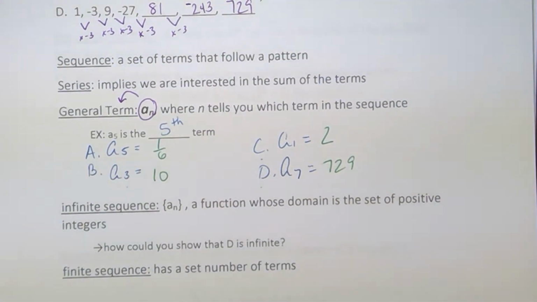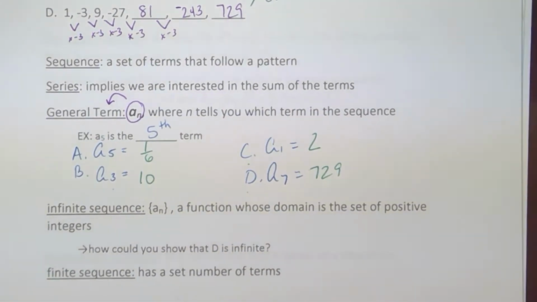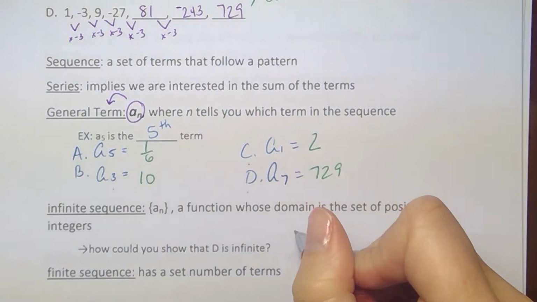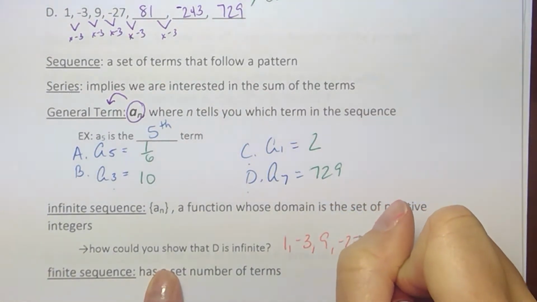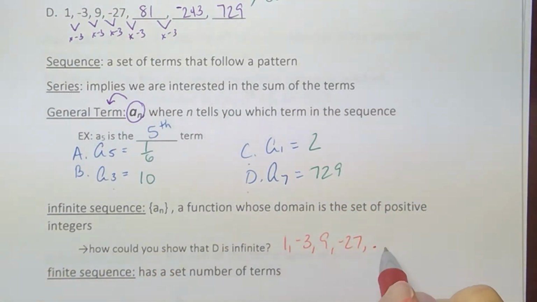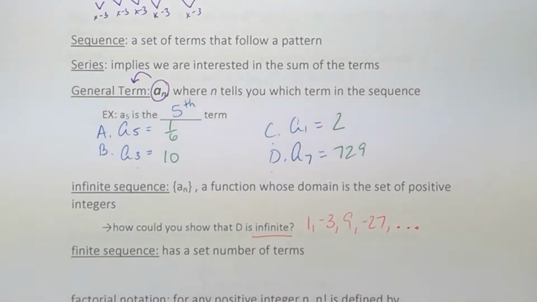Well, if I want to show that a sequence is infinite, I put an ellipsis at the end. We're not going to list out all of the terms for D, but I could say 1, -3, 9, -27, and then after that last comma, I could put an ellipsis. And that just shows that this sequence extends forever.